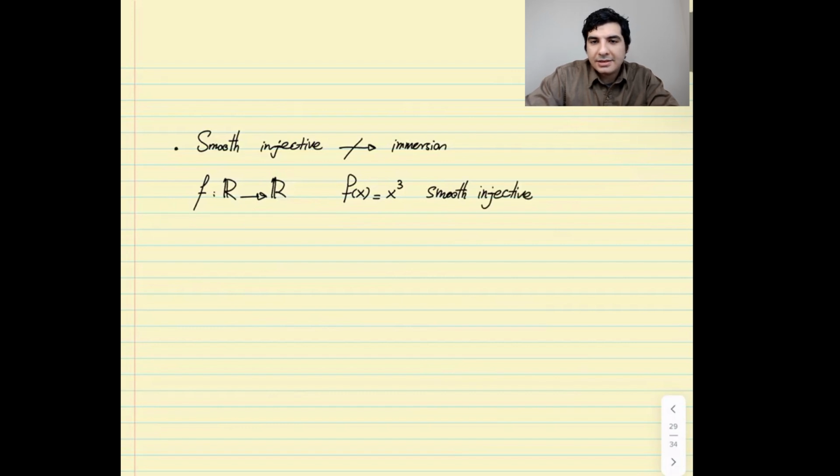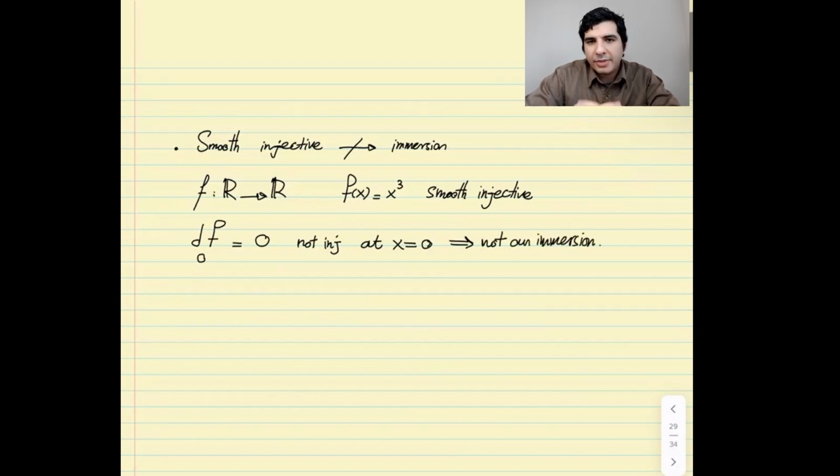However, the point is that it's not an immersion. How is that? It's not an immersion at 0. The derivative of f at 0 is 0. Well, the constant map 0 is not injective. Therefore, the function is not an immersion when x equals 0.